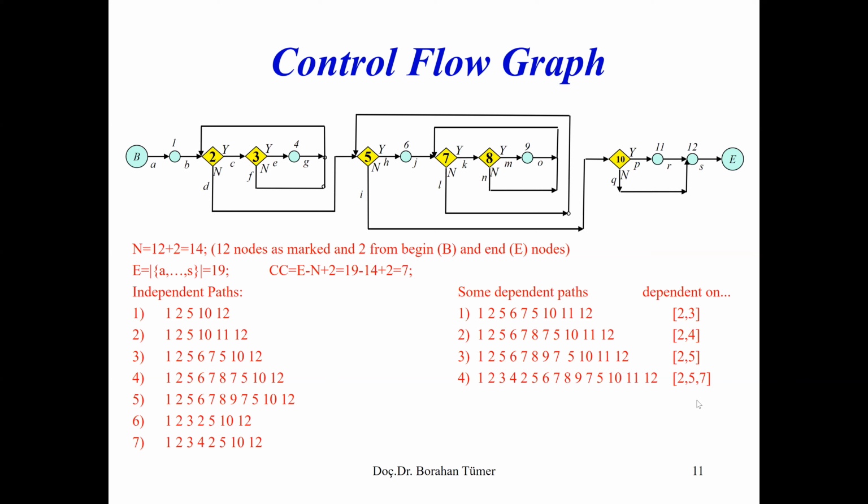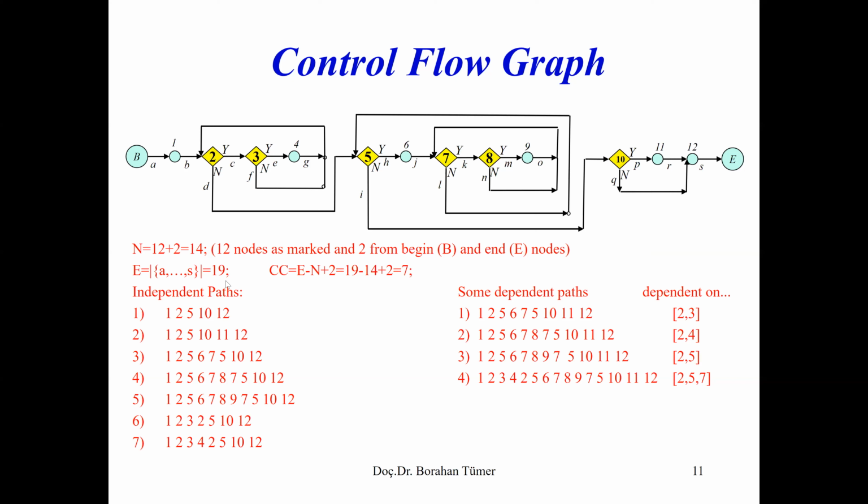Now there is a question from Ömer. Is there any simple way to produce independent paths? Well, by looking at the flow graph, you can find the independent paths, but it is not automatic. There is no other way to find out the independent paths.